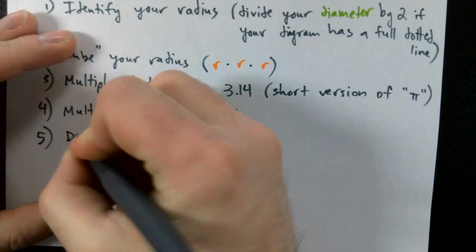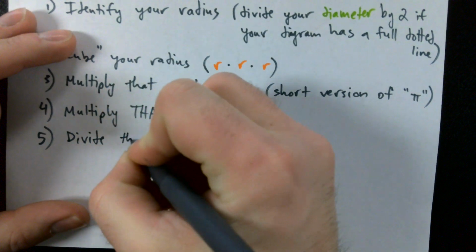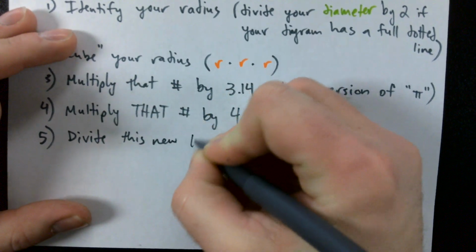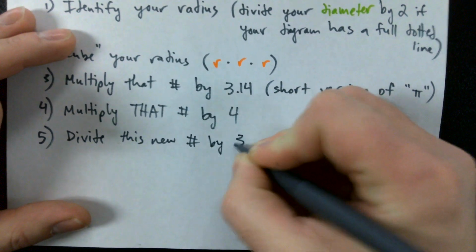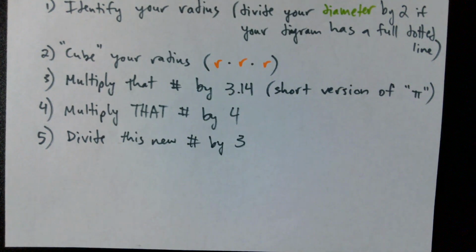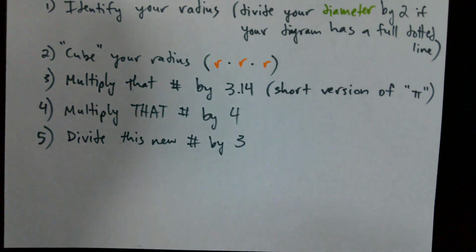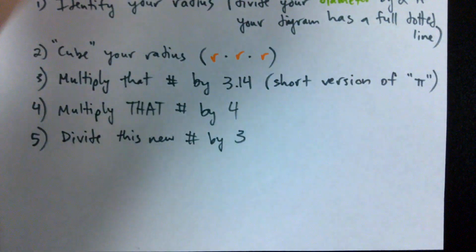Finally, the last step is we're going to divide this new number by 3. It won't be too bad.